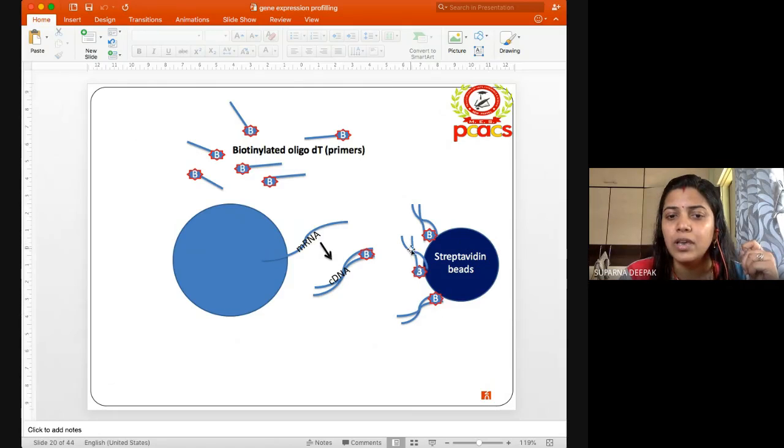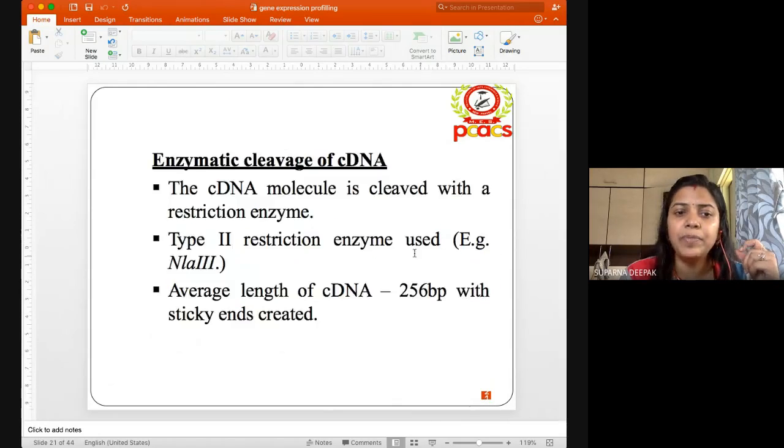Then the cDNA is cleaved with a restriction enzyme. An example of this restriction enzyme is NlaIII. The average length of cDNA is 256 base pairs, with sticky ends being created because of the cleaving.